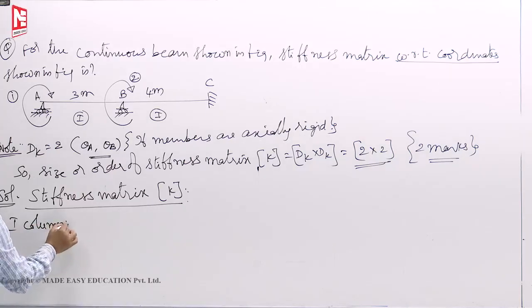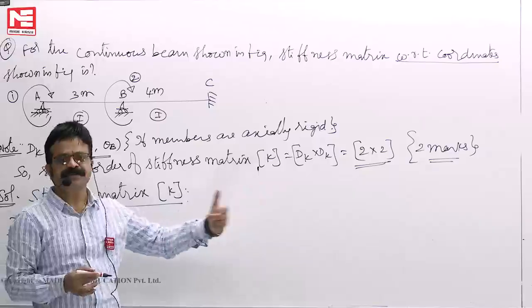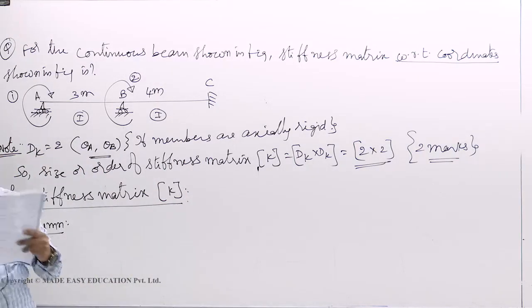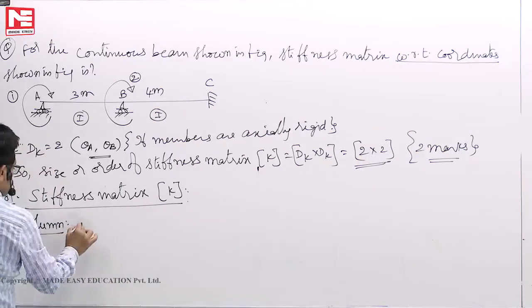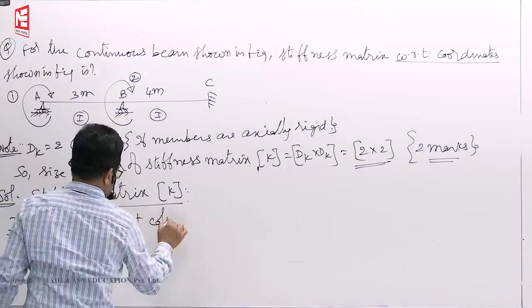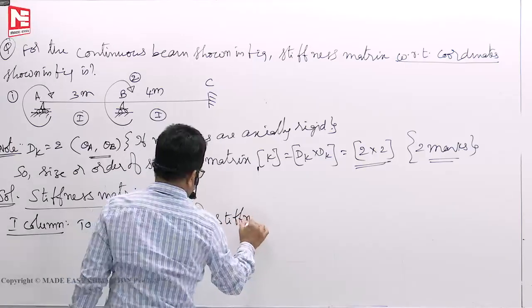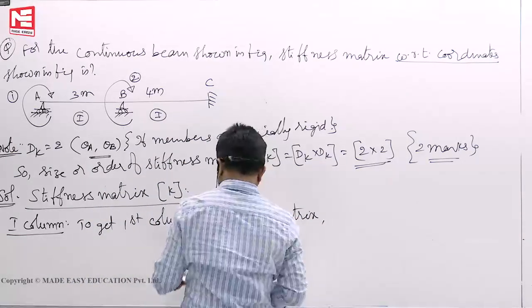In the first problem, we will write how to get the first column. Next problems onwards, we will skip that line, because to become familiar, we are writing the procedure. To get the first column of the stiffness matrix, what we have to do?